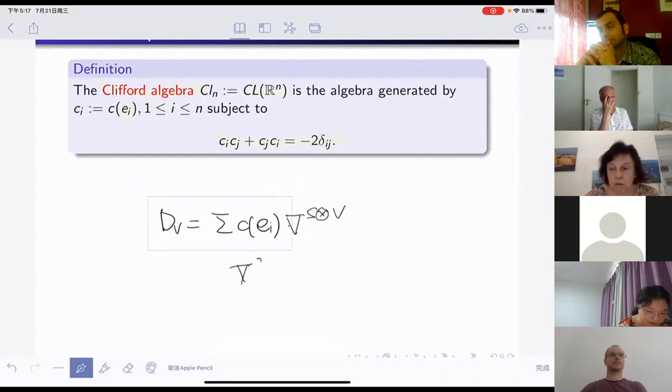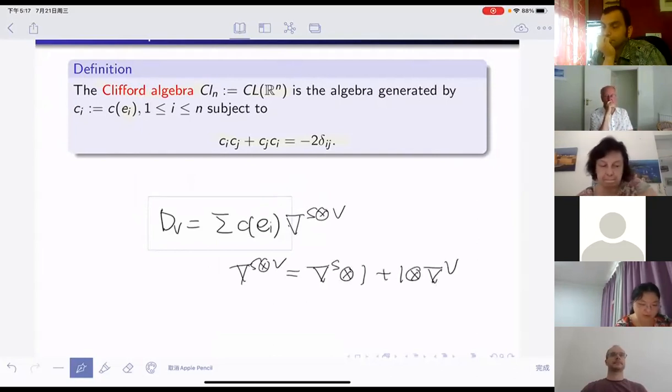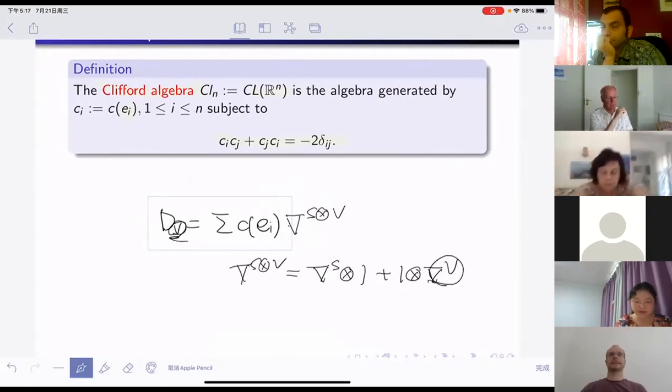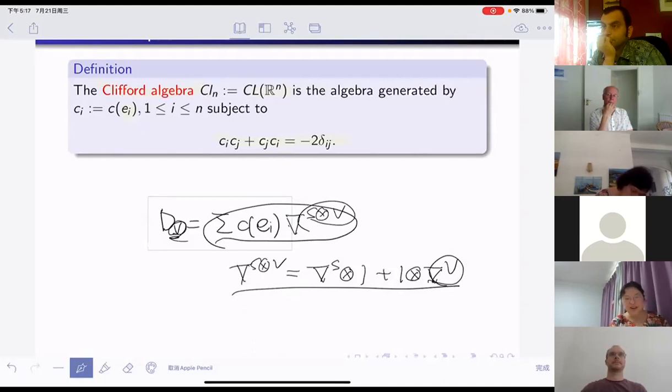And this new connection is just, we take an arbitrary connection on V, which I call nabla V, and create this new connection on the tensor of this bundle. And one can still talk about the Dirac operator like that. That is the official definition of the twisted Dirac operator, but it is the same as the one I defined using compression.